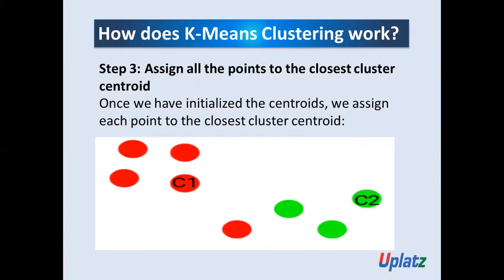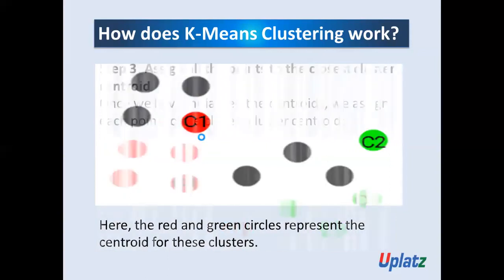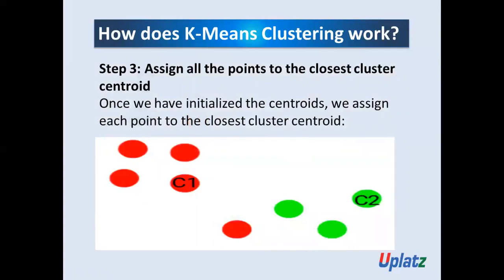See here, in the previous image, there are 2 centroids, C1 and C2. What is the third step? We need to assign all the points to the closest cluster centroid.